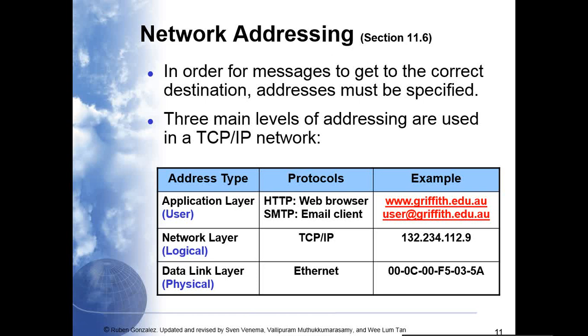The data link layer, the physical layer, this is the Ethernet example that we're looking at here, is on the right. You'll see there's a bunch of what look like hexadecimal digits. We talked about those in the previous lecture. That's a MAC address, and this is to uniquely identify this machine on this local network. So you see there are different ways to address things, using different names depending on the level we're working with.